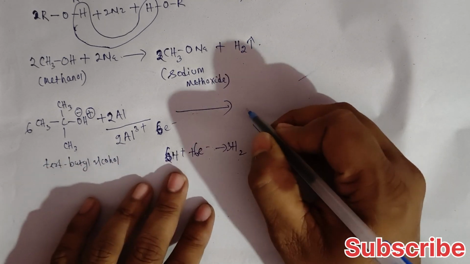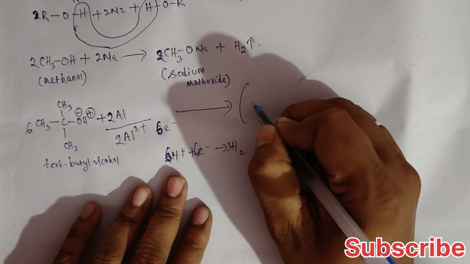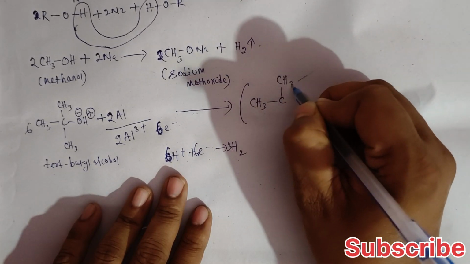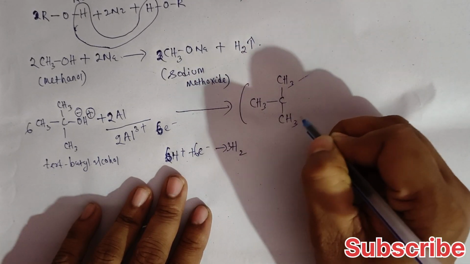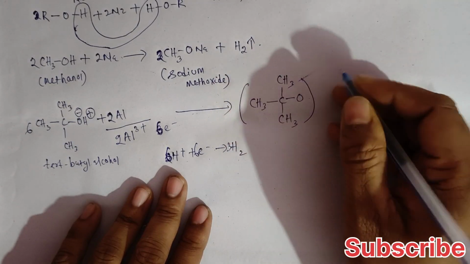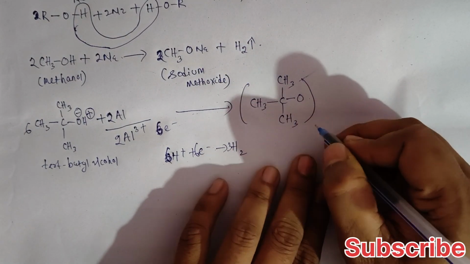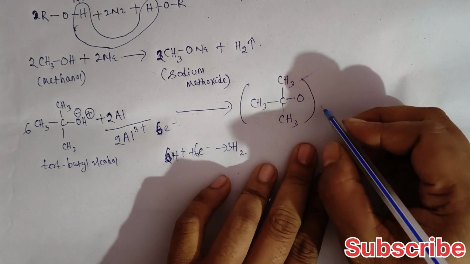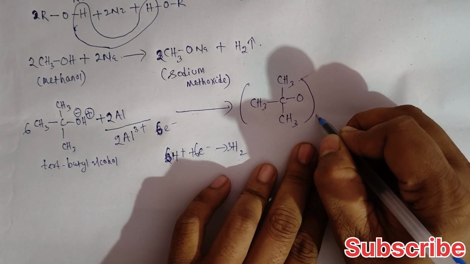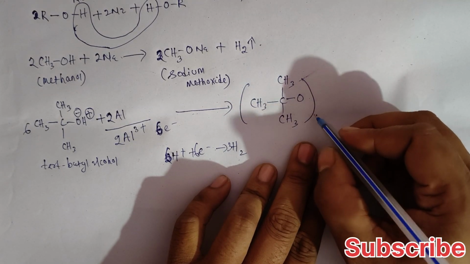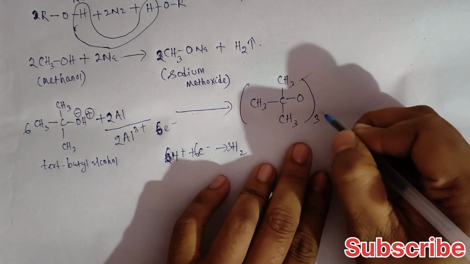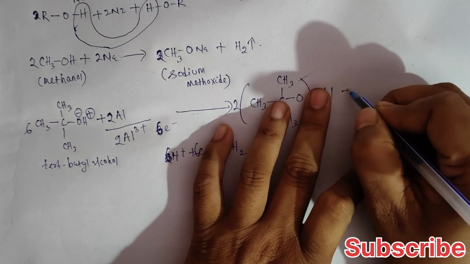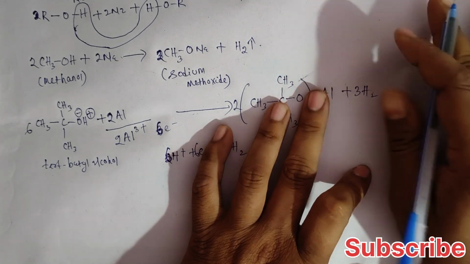3H2. So this compound will be CH3O, the compound will be 3 aluminium, 3H2.